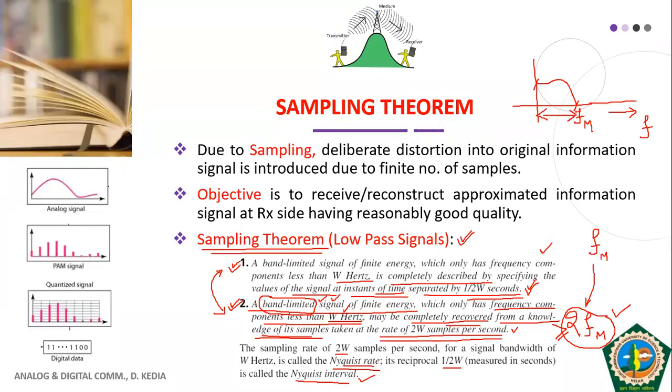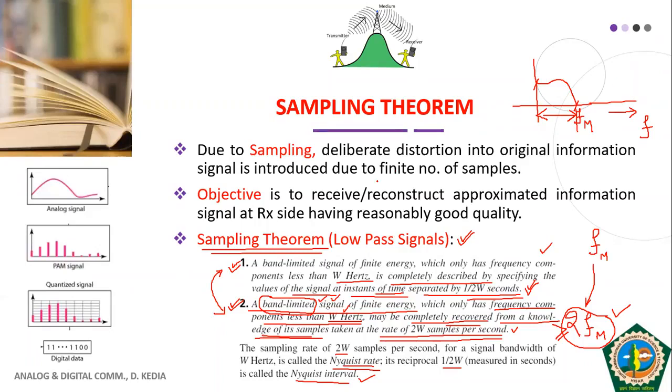I cannot sample an infinite bandwidth signal. My signal must have finite bandwidth, or be band limited. So if you want to sample an infinite bandwidth signal, you will have to pass it through a band pass filter so that your signal becomes band limited.